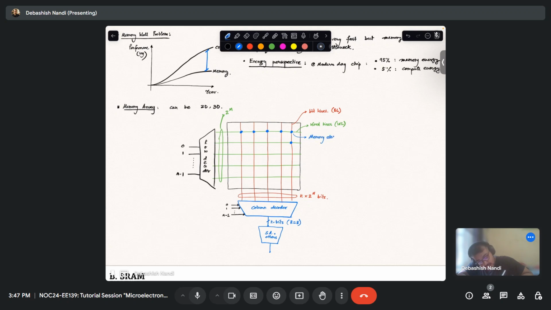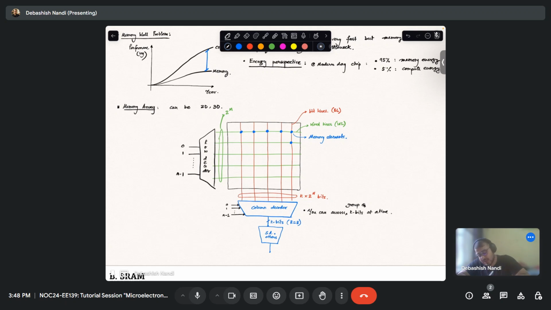You can access a group of k bits at a time. So your quanta is k bits. If k is 8, you can access 1 byte at a time, okay.